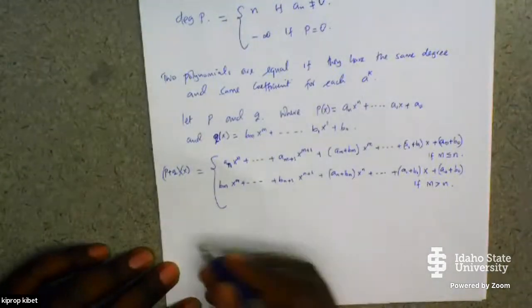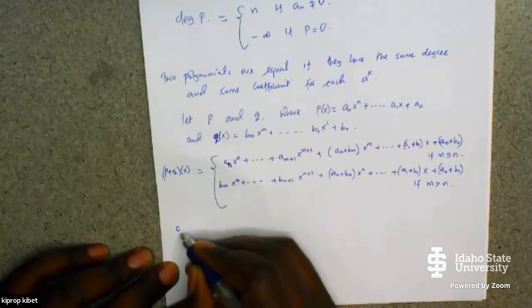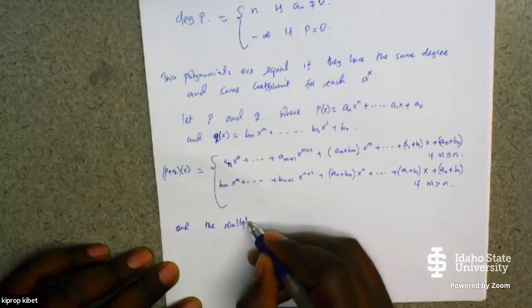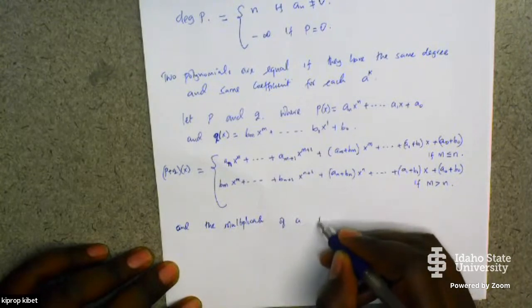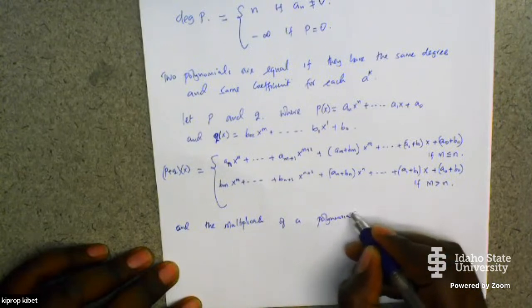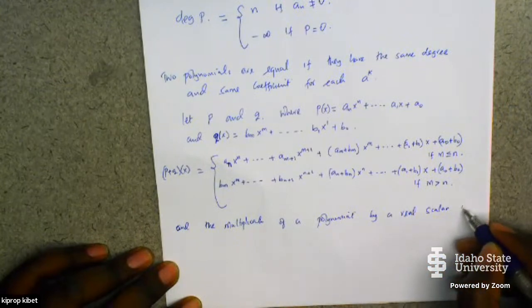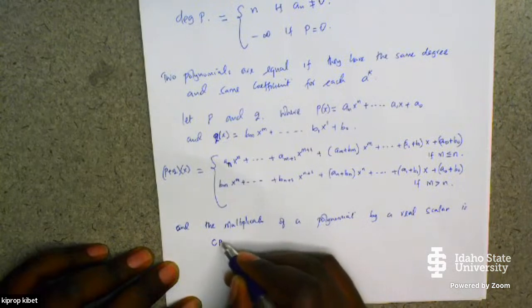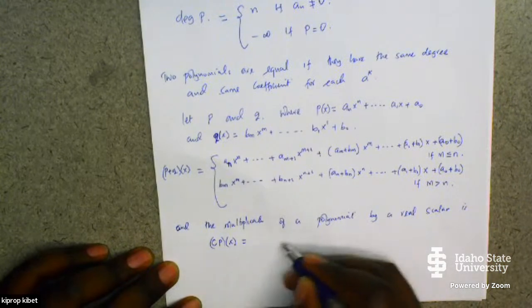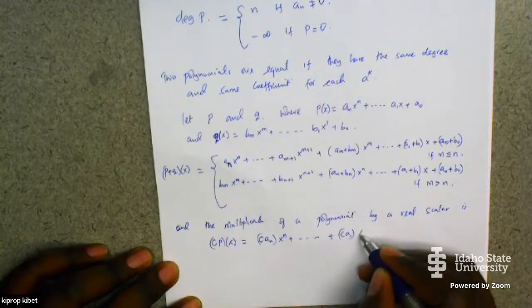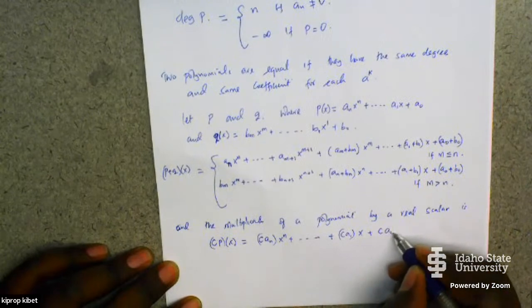Also, we can multiply this polynomial by a constant term. The multiplication of a polynomial by a real scalar C is C multiplied by P of X. This is basically the same as C AN XN plus, we continue like that, plus C A1 X plus C A naught.